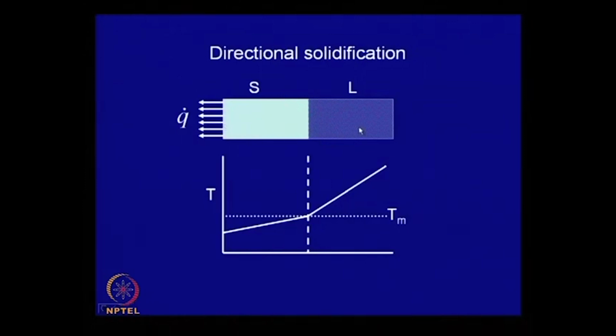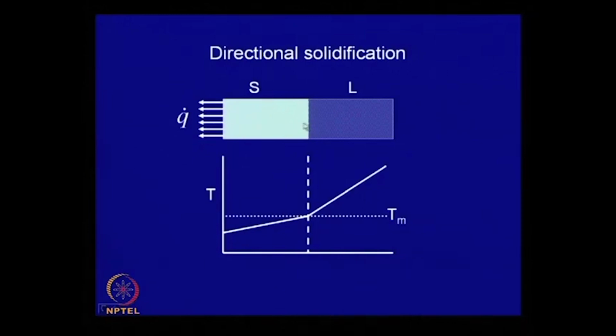The liquid is basically at the melting point, so some amount of heat comes out through it. So, what you will find is that the temperature within the liquid goes up.